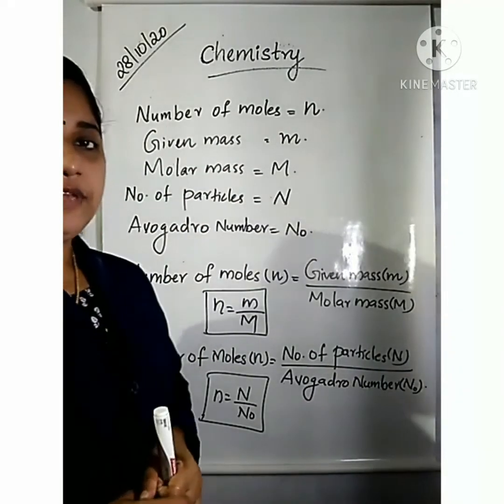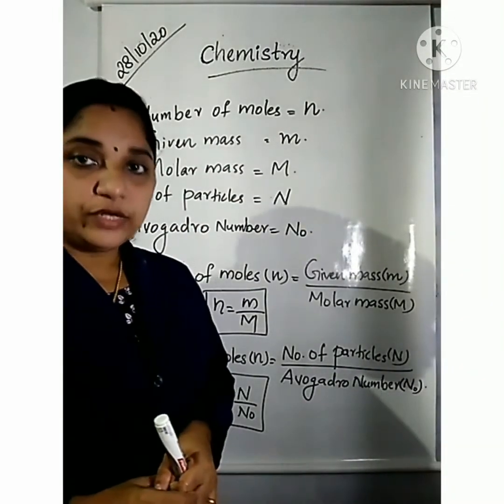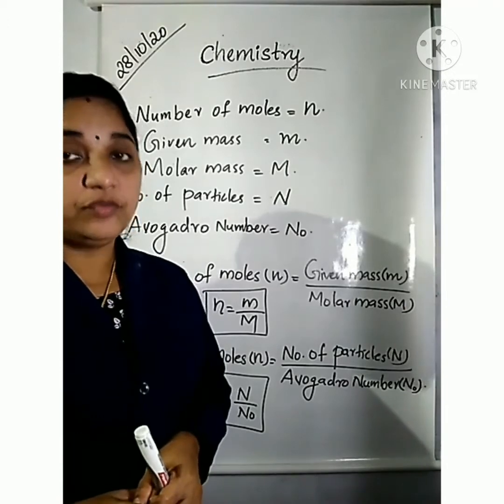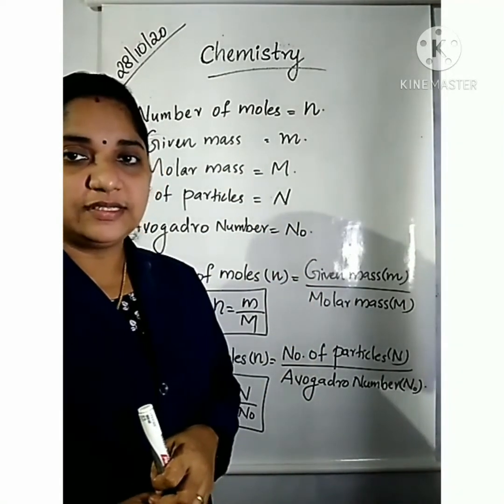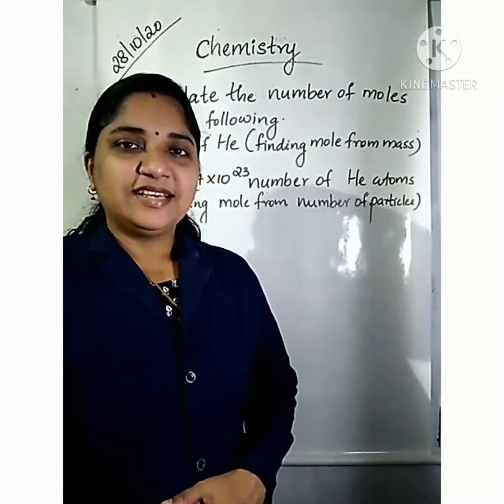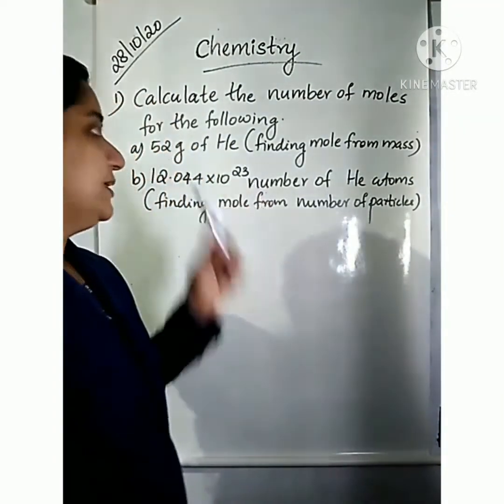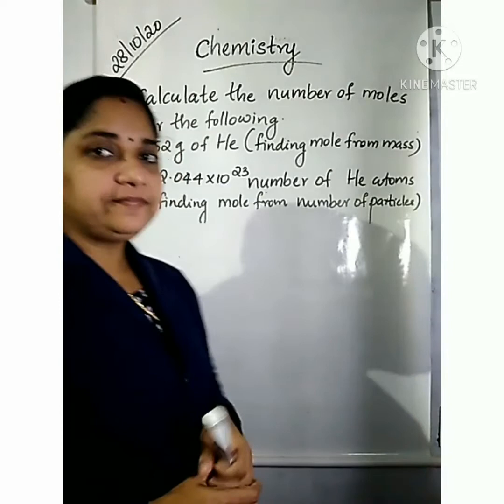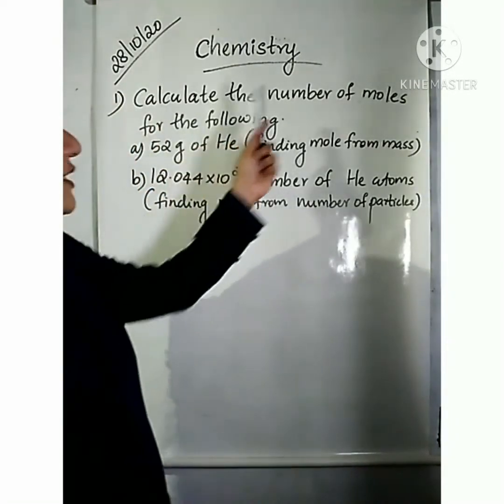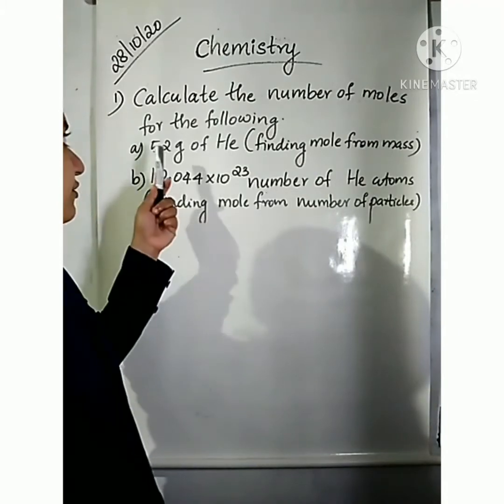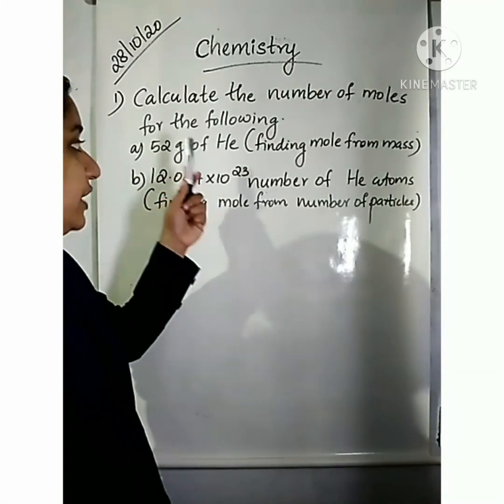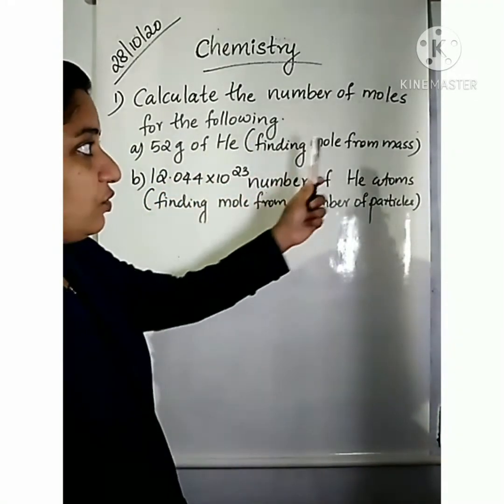We have to do one more example to calculate number of moles. Children, I wrote one example here. Look here. Calculate the number of moles for the following. From 52 gram of helium, finding mole from mass.